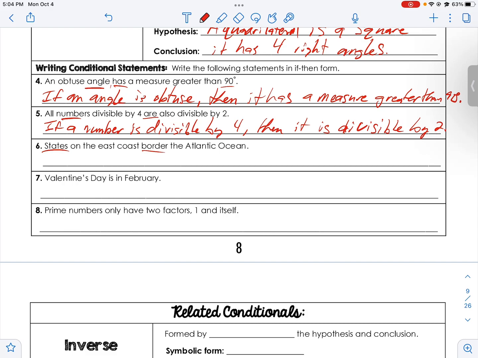So if a state is on the East Coast, then it borders, that's a better way to say that, then it borders the Atlantic Ocean.